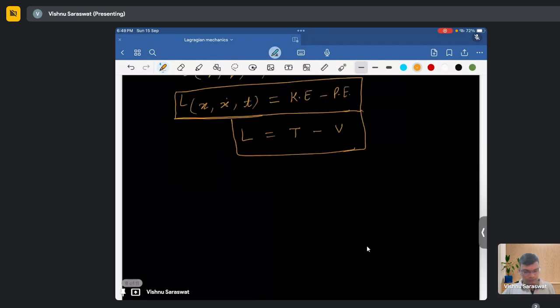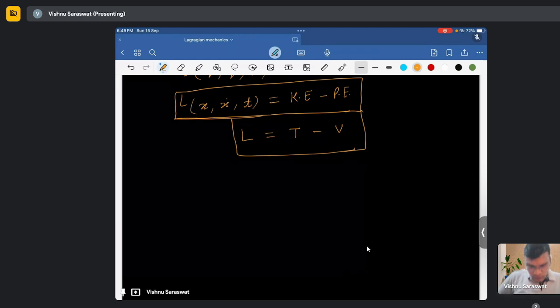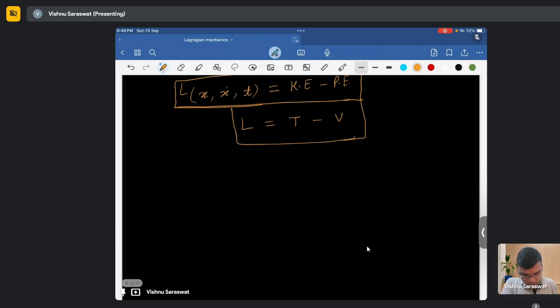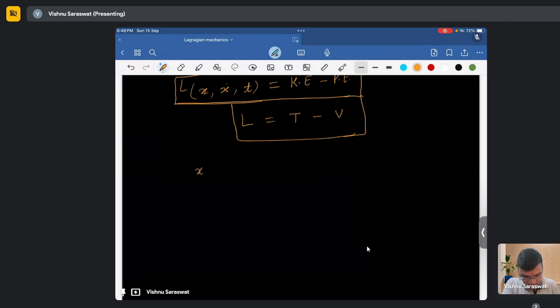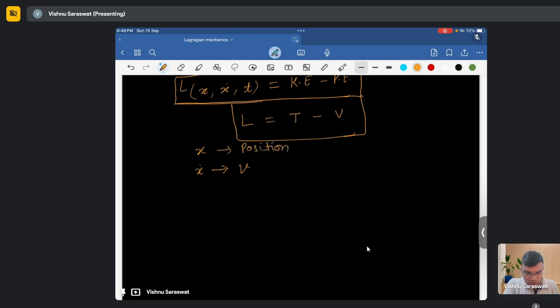So here one thing I will clarify for you: x dot is velocity and x is position. The dot represents the time derivative, simply time derivative.